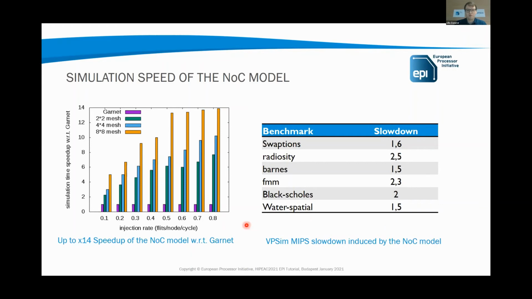So though really fast, this model still has an impact on the overall VPSim simulation, which is in the order of a division by 2 of the simulation speed with respect to totally ignoring the contentions.